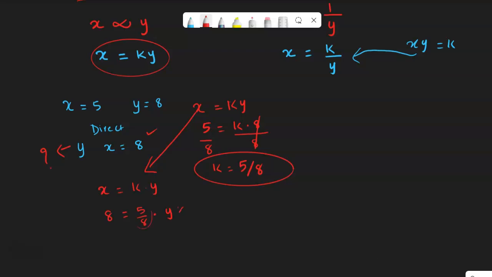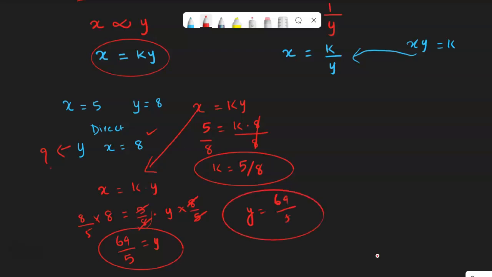Multiply both sides by the reciprocal of this fraction, that is 8 over 5. Cancel these two. So the right side is y, and 8 times 8 is 64. 64 over 5, that's your answer. So y is equal to 64 over 5.